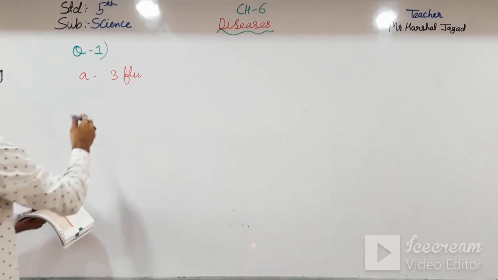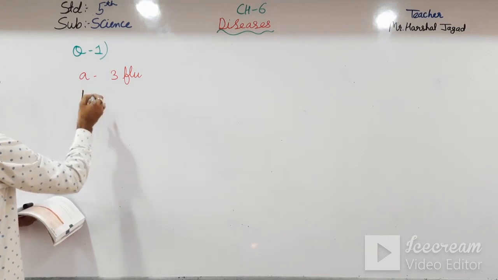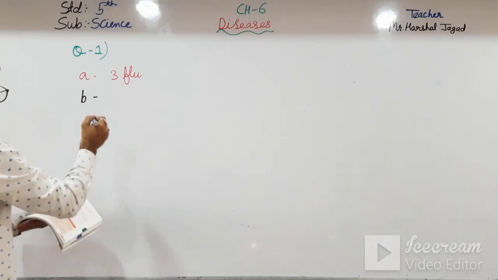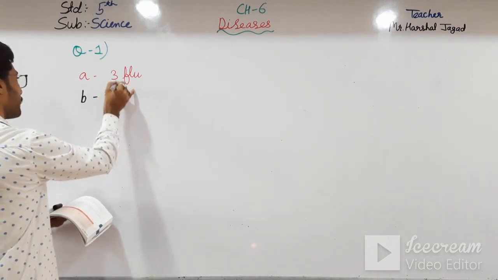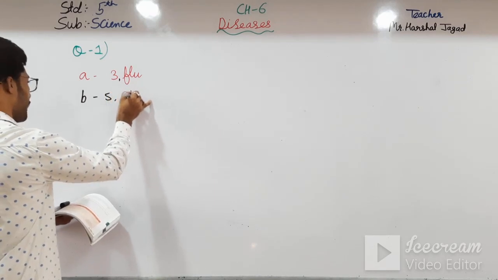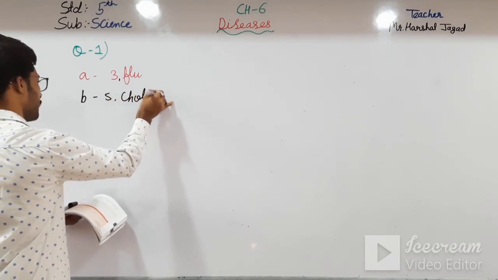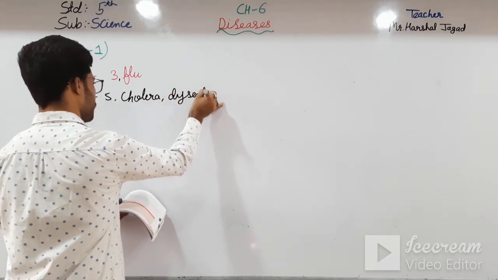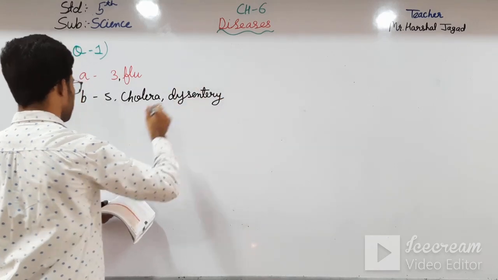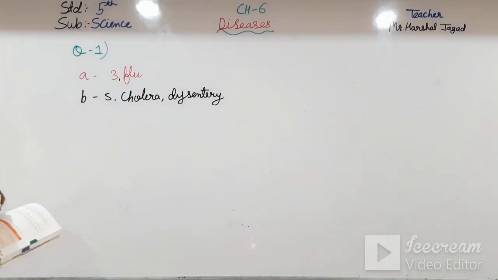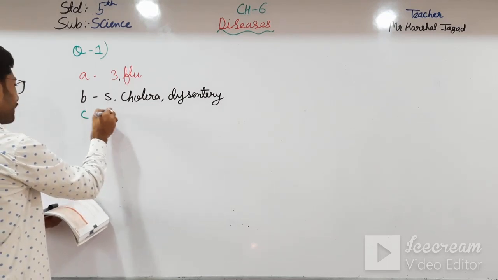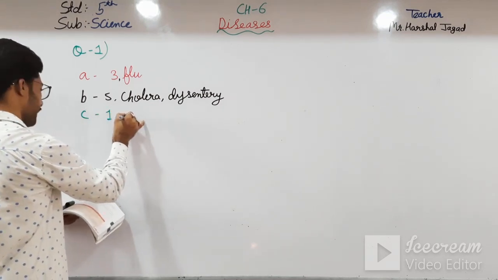Then comes B, that is acute diarrhea. In that it will be cholera, that is 5. And C, that is yellow coloration of eye. In that it will be 1, that is hepatitis.